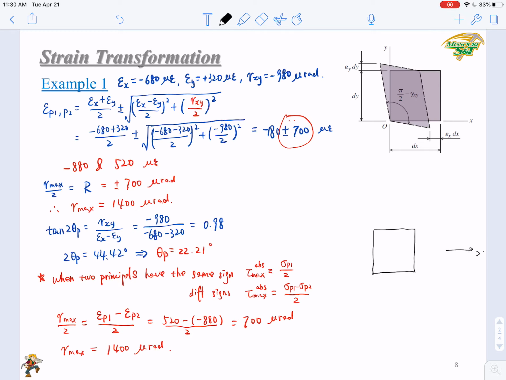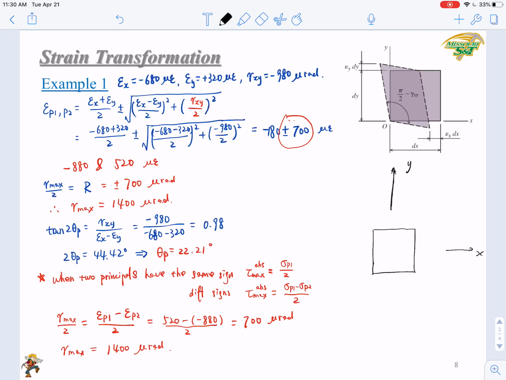This is the x direction, and this is the y direction. Then the first sketch will be the principal strains.